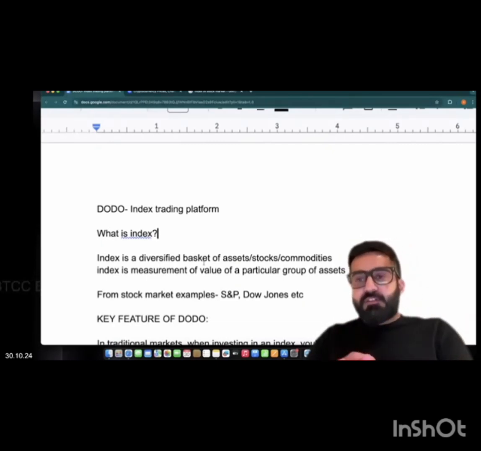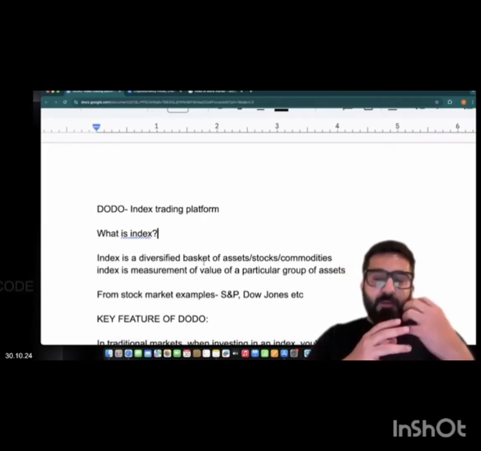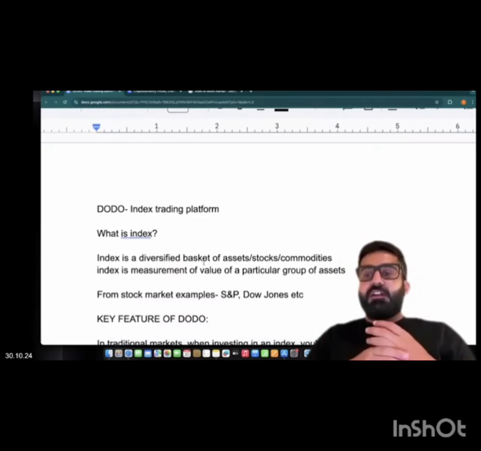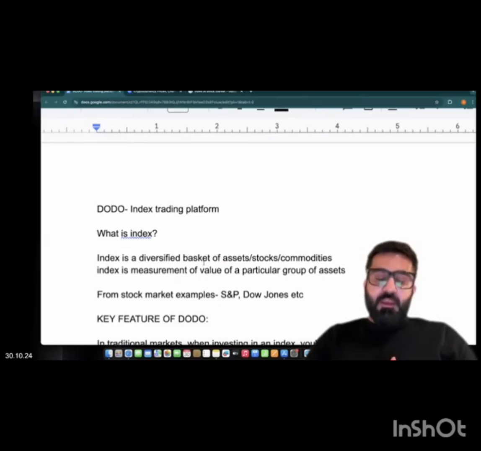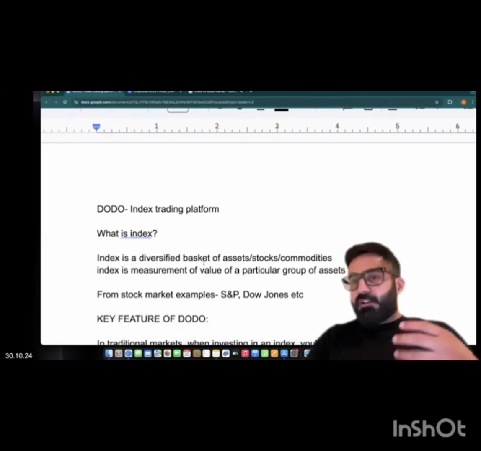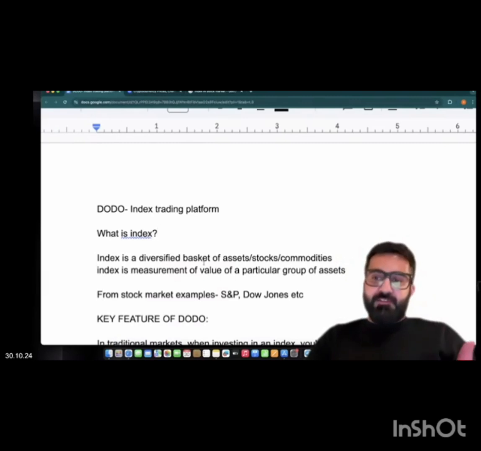When you buy the stocks of a particular index, you are technically investing in the stocks of different companies which are part of that index. The components of the index are called the underlying assets of that index.